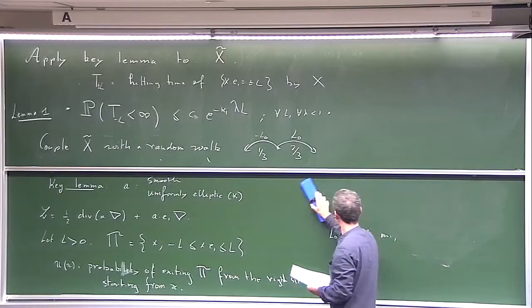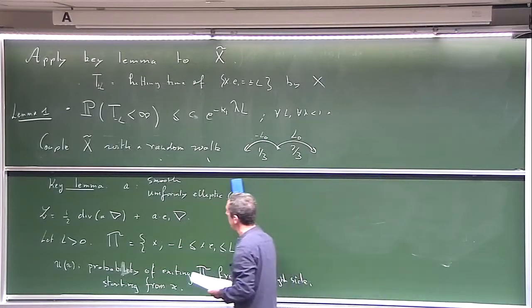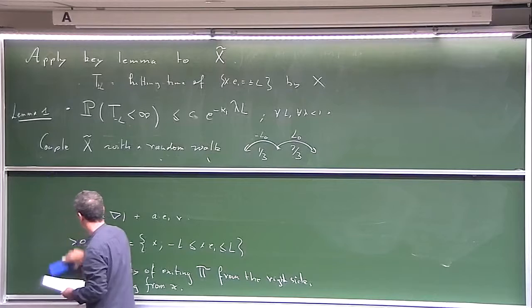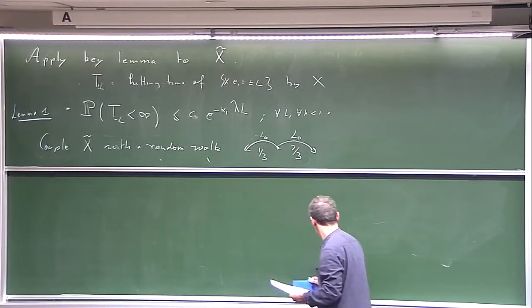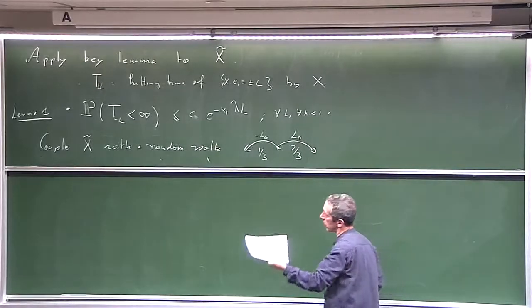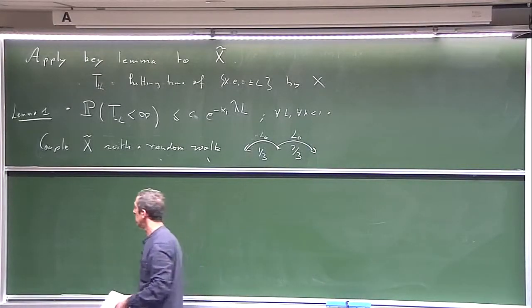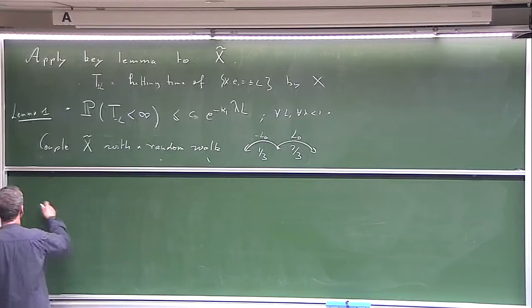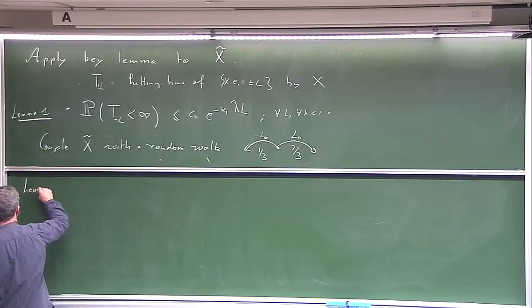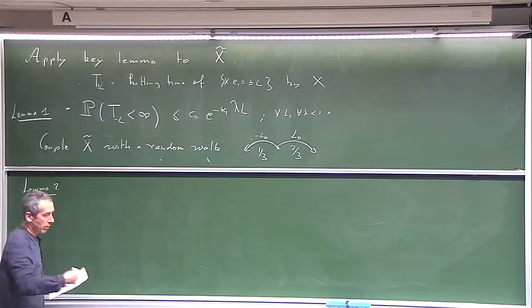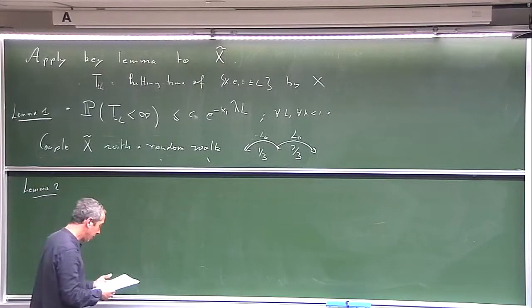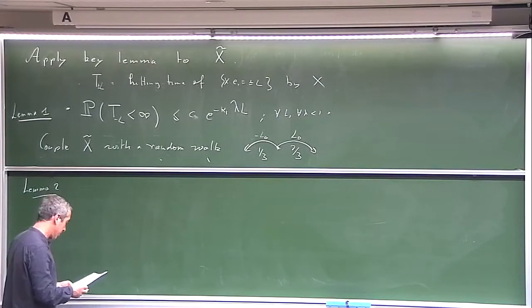And then there is another piece of information that we can extract from the key lemma. This is just about whether we are going to move in the right or left direction. But we need a little bit more. We need to know that we are indeed going to move at some constant speed.